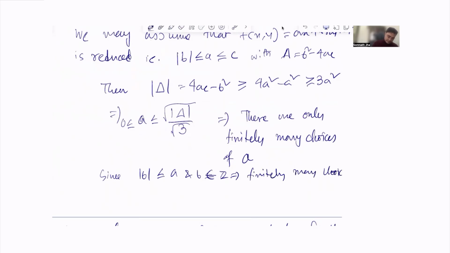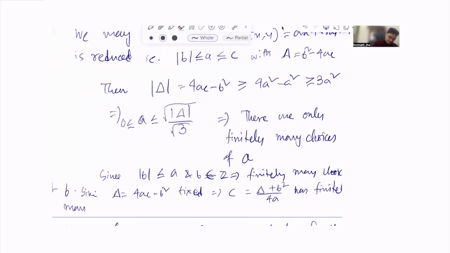And since delta equals b square minus 4ac is fixed, c equals b square minus delta by 4a, so there are finitely many choices of c.